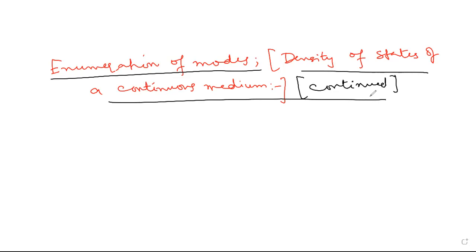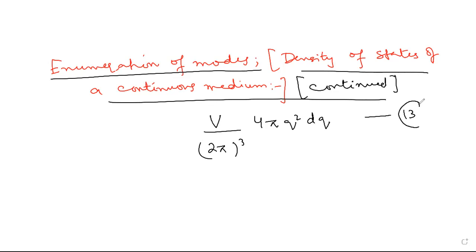In the last lecture, we reached this equation. We got this quantity V by 2 pi whole cube, 4 pi q square dq, and we named it equation 13 in the last lecture, the second lecture of this topic.